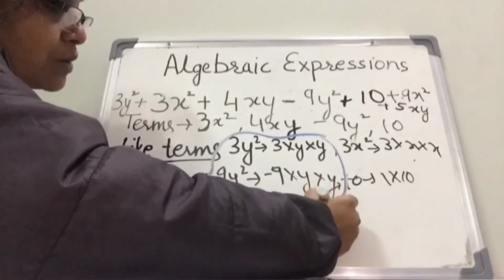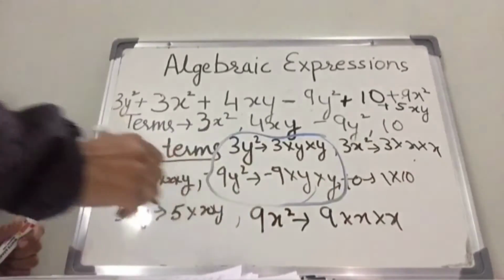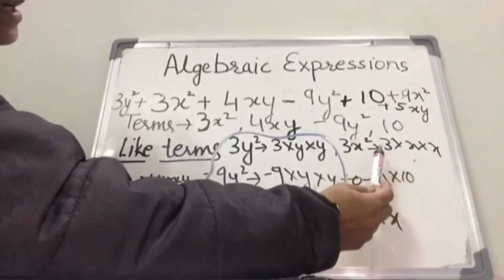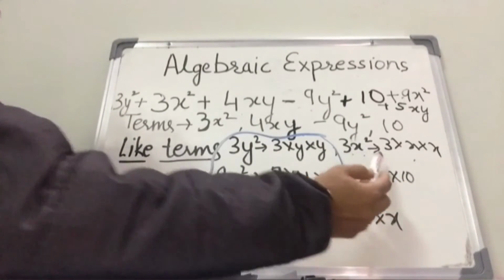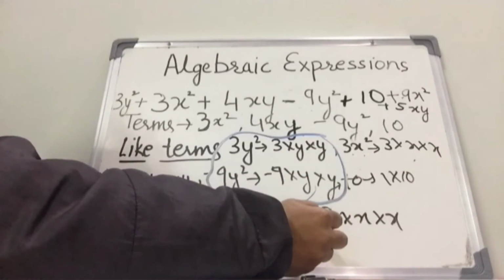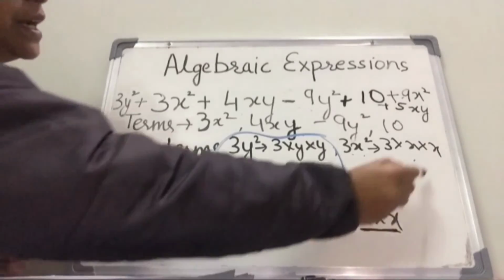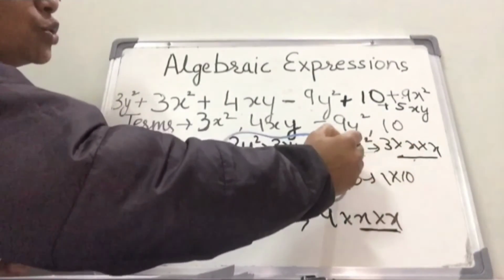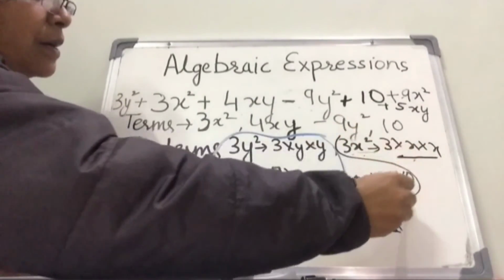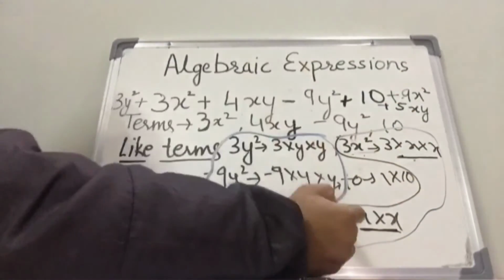Factors of 9x square will be 9 into x into x. So we see here that 9x square and 3x square have the same variable factors, x and x. So these two will be like terms.